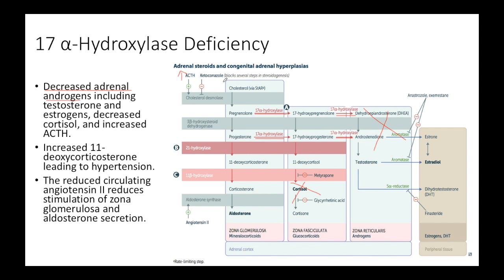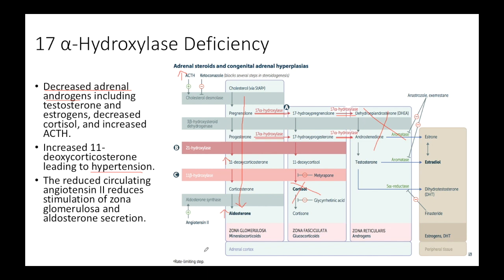So our pathway is primarily going to follow here and cause an increased production of our mineralocorticoids and all of its precursors as well, and an increased amount of 11-deoxycorticosterone can also lead to hypertension, as well as this whole pathway as well.